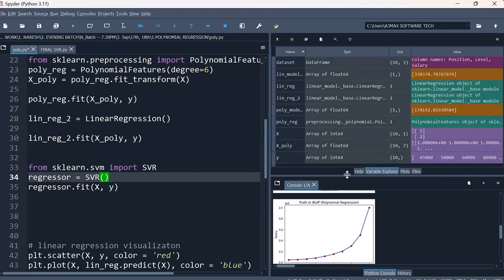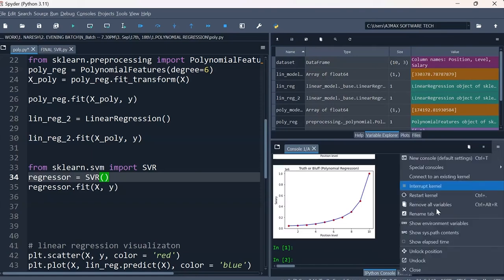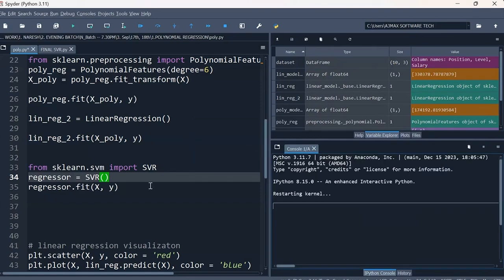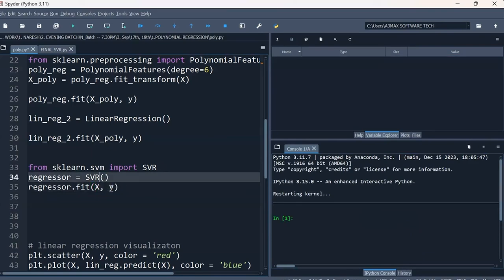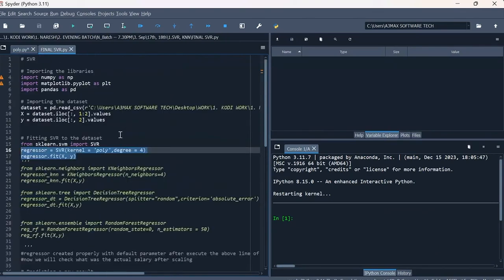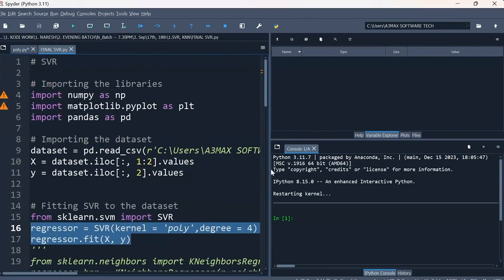Now let's go to the variable explorer, and I'll restart my kernel. Once I restart the kernel, first SVR. By default which kernel is considered, guys? RBF. What is the degree? 3. Okay, so better I create this now.